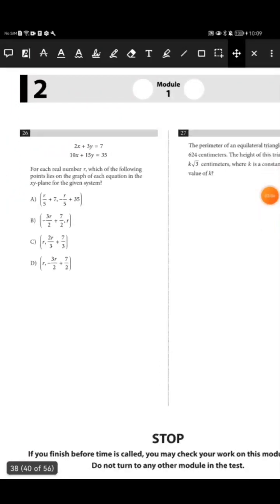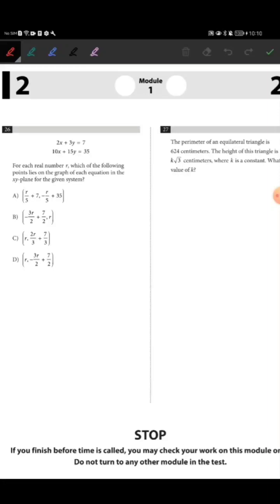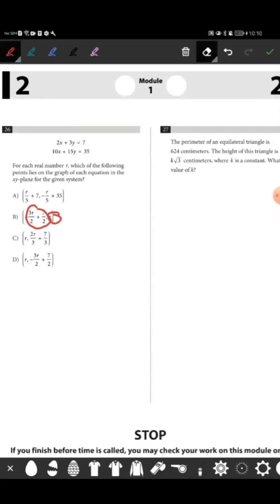We're going to use the substituting method. So let's try letter B. This one here represents the x coordinate and r represents the y coordinate.